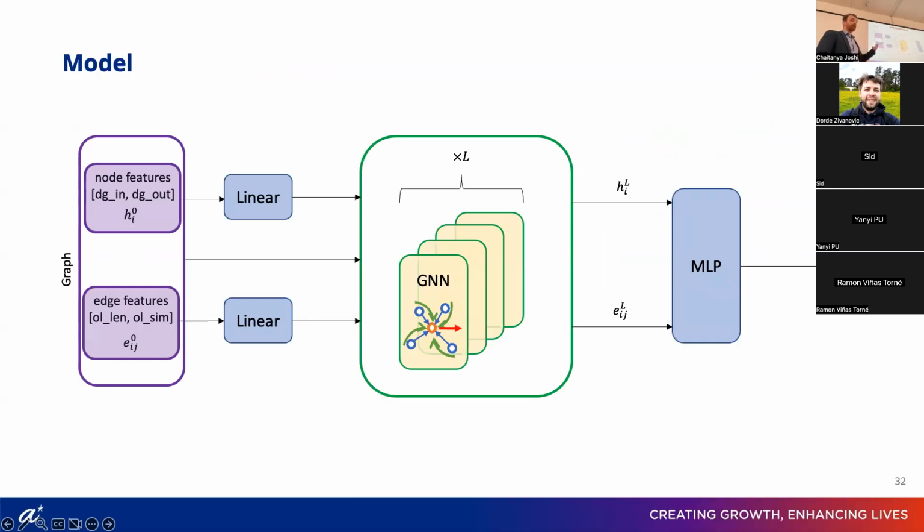Our input is a graph, which has certain node and edge features. Edge features here are overlap length and overlap similarity: the length of the overlap between two reads, and the similarity between the sequence of one read and another. Node features are currently the in-degree and out-degree of each node. There was a lot of experimentation here.